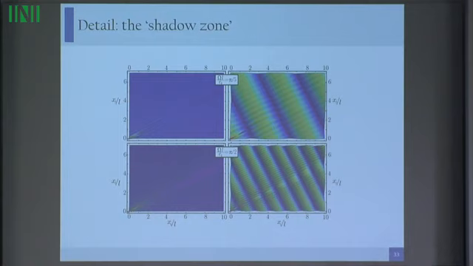By the way, there is something interesting that we see, that there is also a shadow zone forming ahead of the shear band, which can be visualized with these techniques.